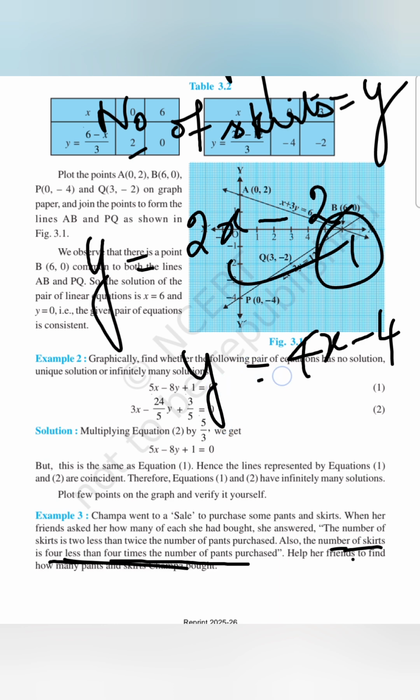See it again: the number of skirts is 4 less than 4 times the number of pants, so 4x minus 4. That gives you the number of skirts. So this is how you form two equations using the conditions given in the question.